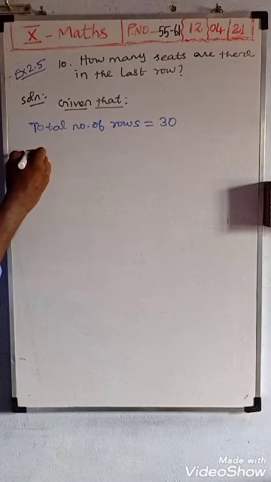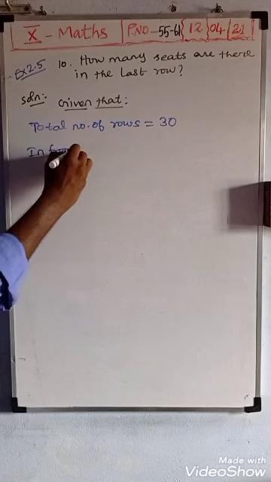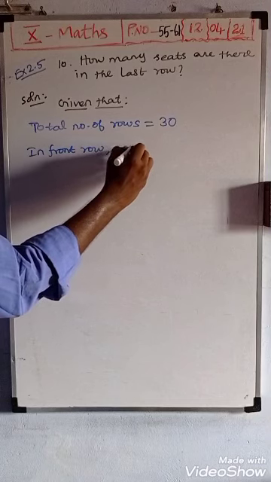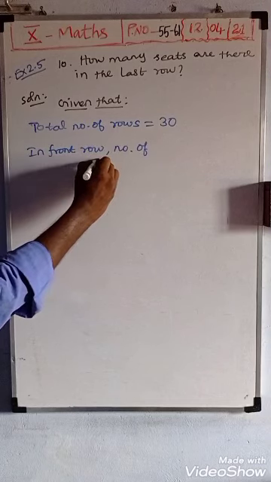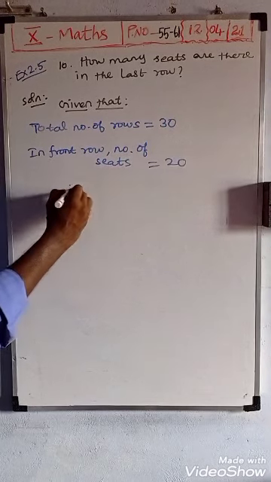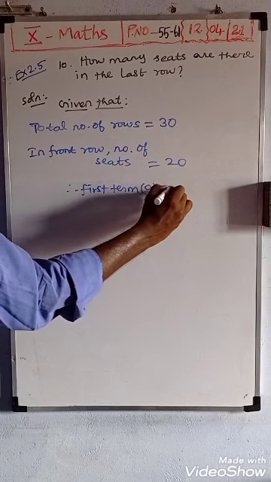Okay, so first you want to write: in front row, number of seats is equal to 20. Therefore here first term A is equal to 20.